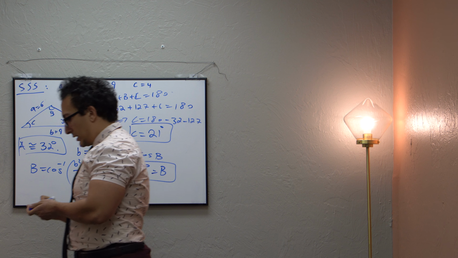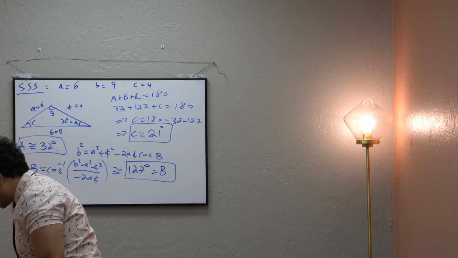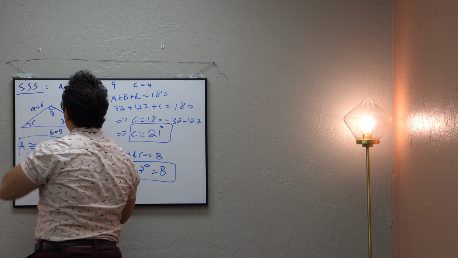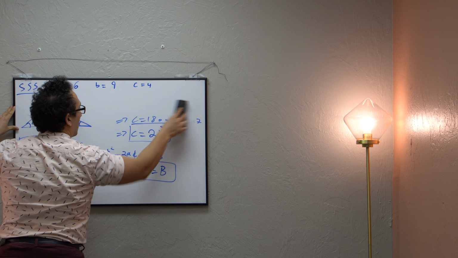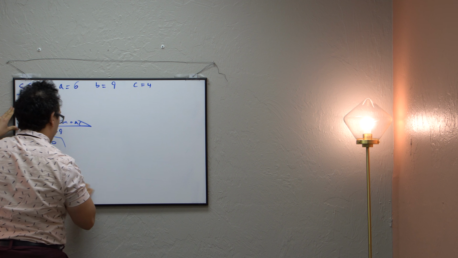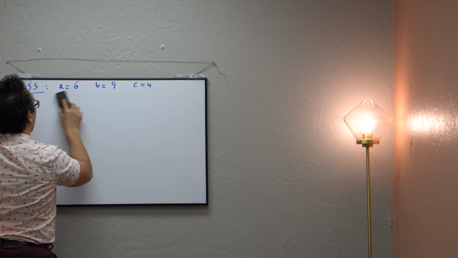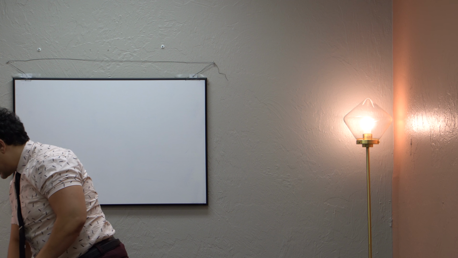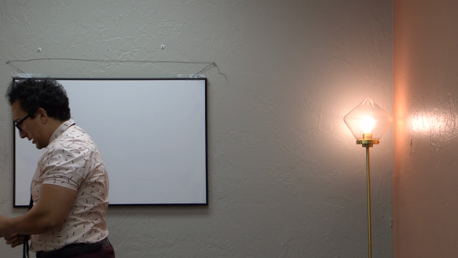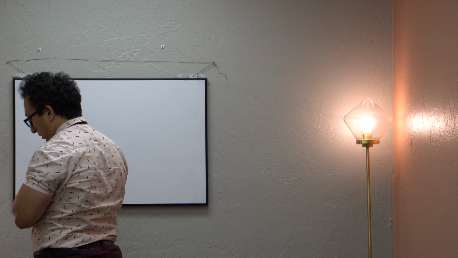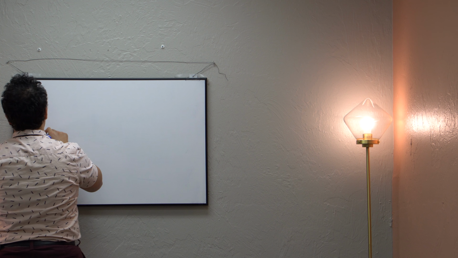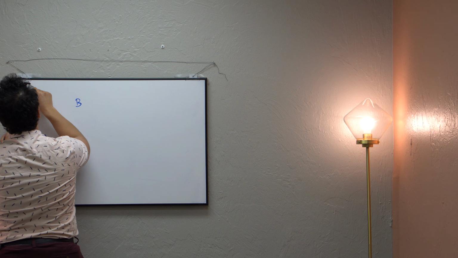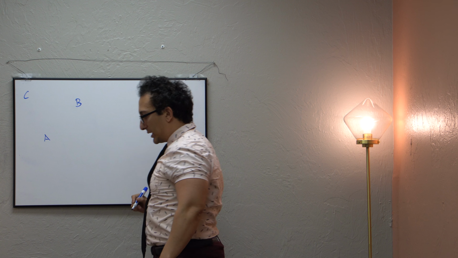All right? So let's move on and let's do another example. Let's say you have three locations, a location A, a location B, and a location C. And these represent airports.